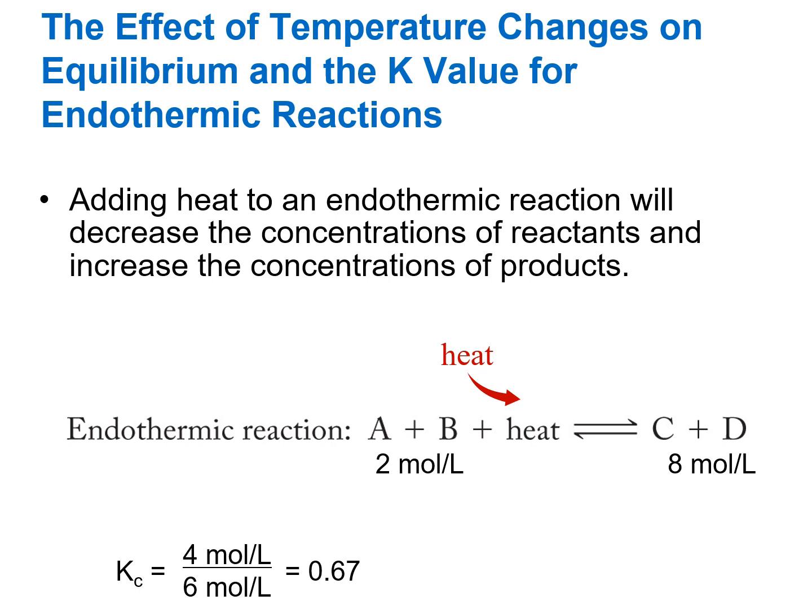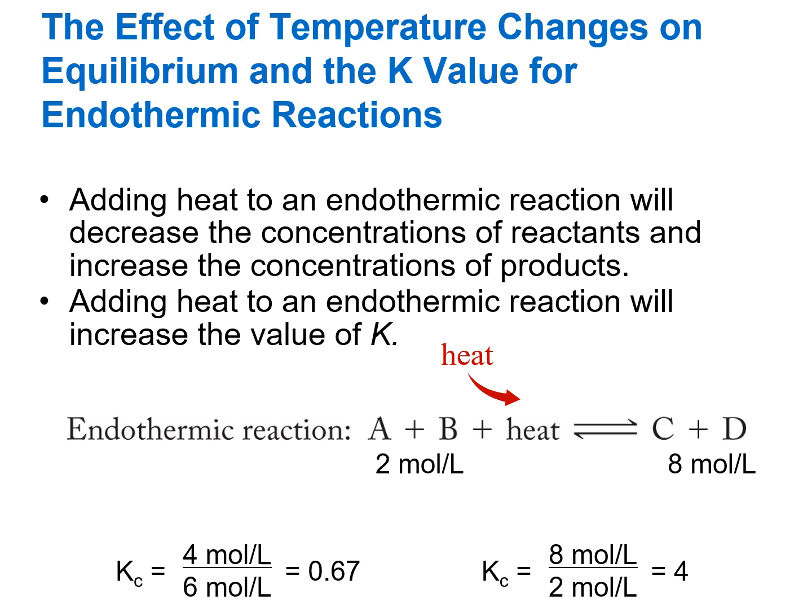If we take these values and do a calculation for a new equilibrium constant, we can see that it has shifted quite a bit and has gotten significantly bigger. Le Chatelier's principle does predict that. So by adding heat to an endothermic reaction, we're going to see an increase in the value of our equilibrium constant.